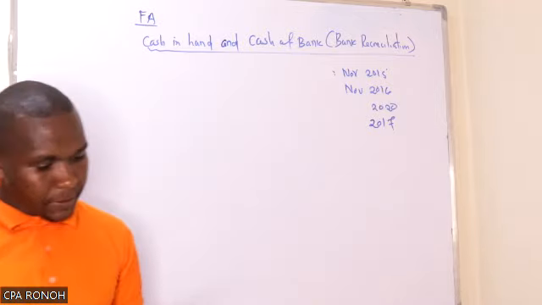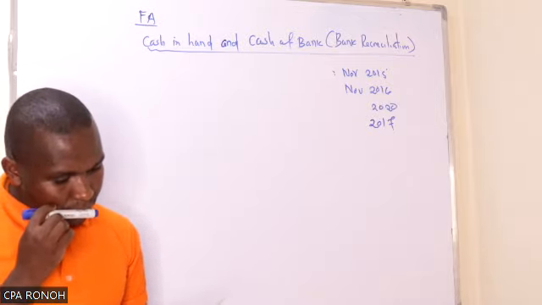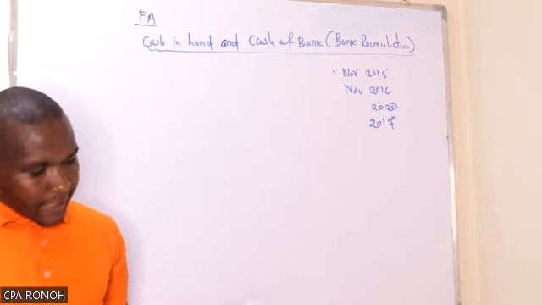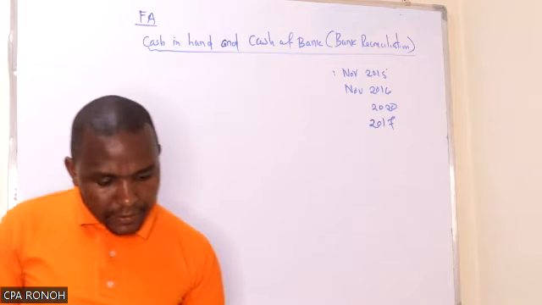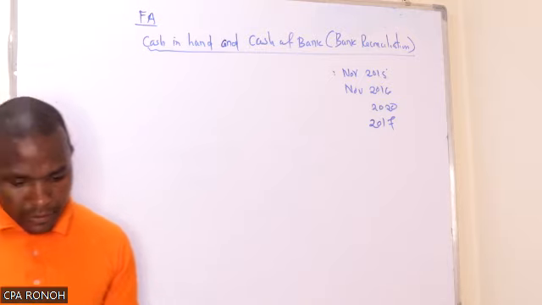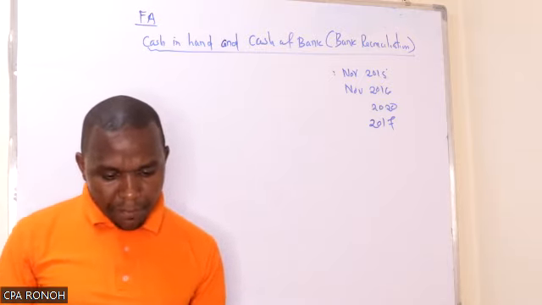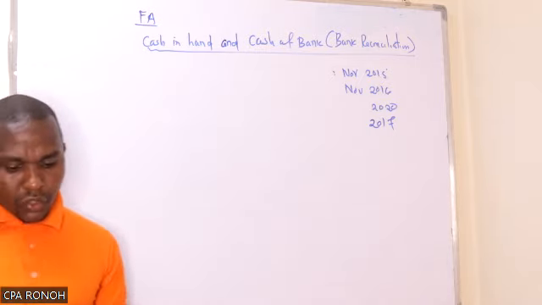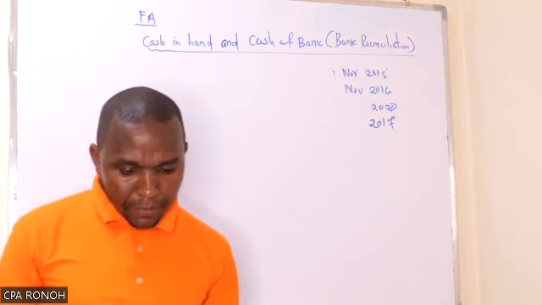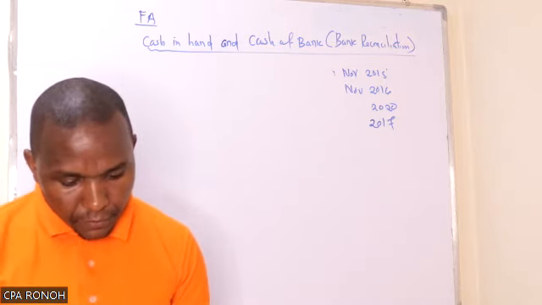The question is saying, KK Limited received their bank statement for the month of October 2015, full stop.